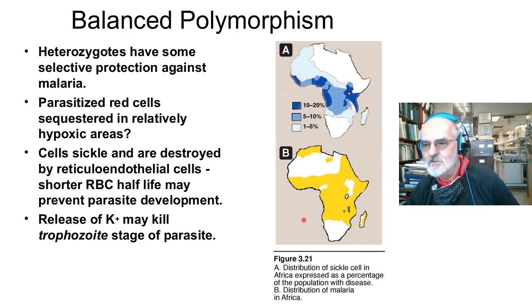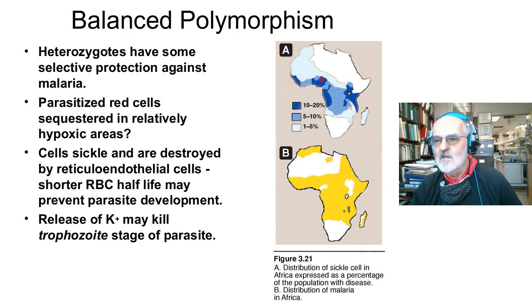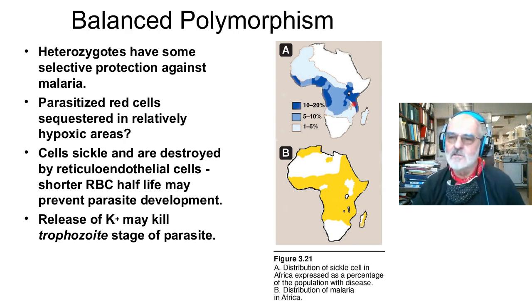So this is where we see malaria in Africa. You can see some up here in the Mediterranean, but mostly it's in Central Africa. And then here is where this mutation tends to exist in Africa. And these are numbers in the population. So you can see in some African populations, as many as 20% of the population carries one copy of the gene. And that's because hemoglobin S provides some selective protection against malaria.